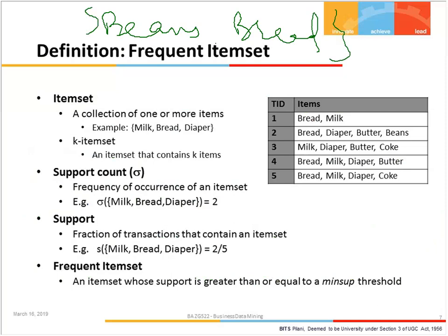When we are referring to these 2 items together, we will call that an item set. That can be any number of items, but a unique set of items. We will also use the nomenclature k item set to refer to an item set that has k items. In this case, this is a 2 item set. And this is a 3 item set.